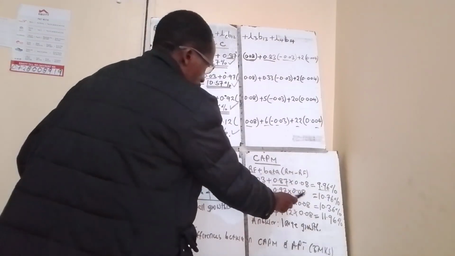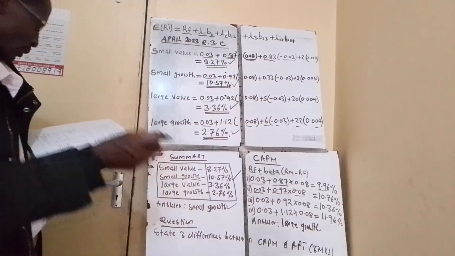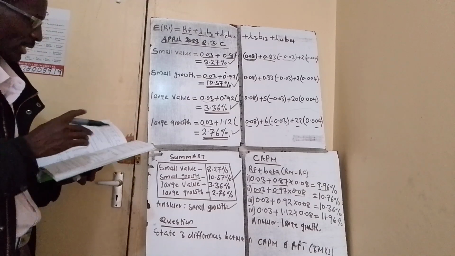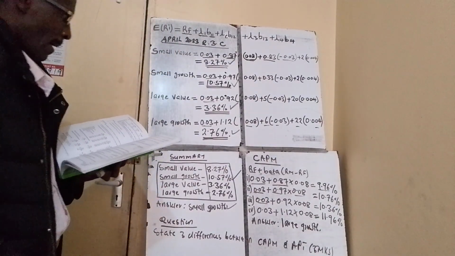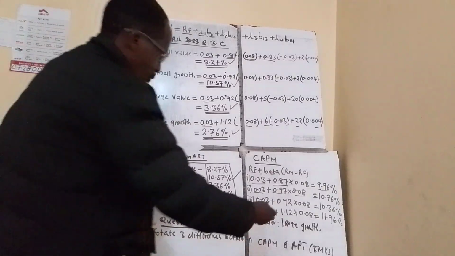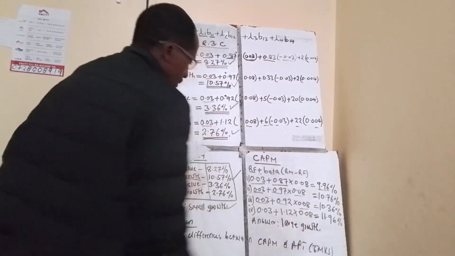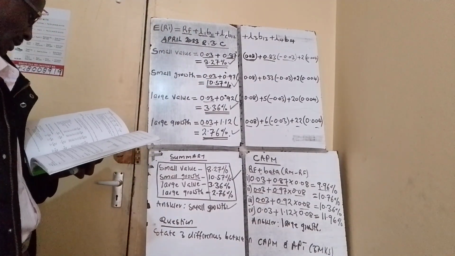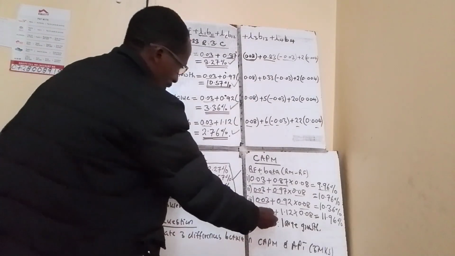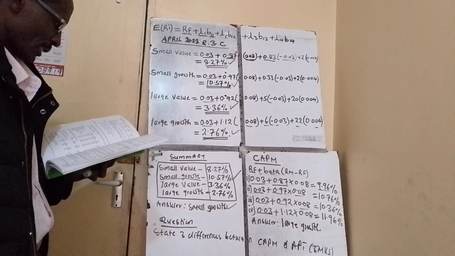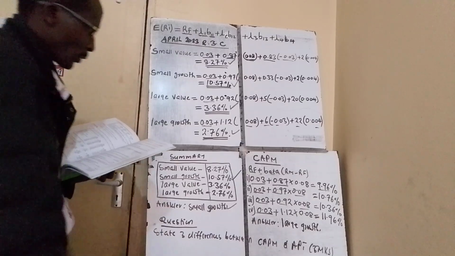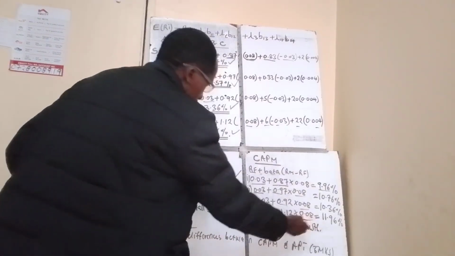The risk premium is not changing. I go to the third one, large value: risk-free rate 3% plus 0.92 times risk premium. Large growth, I'll take 3% plus 1.12, the market beta, multiplied by the risk premium.